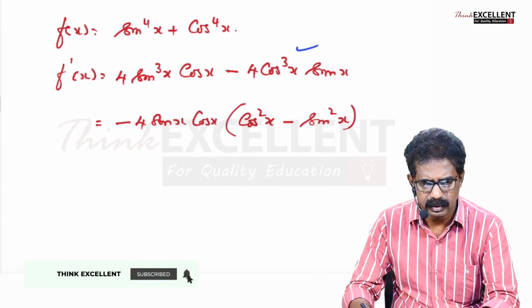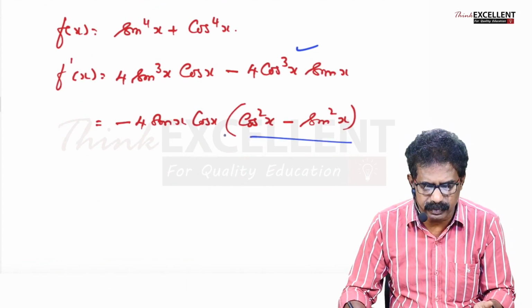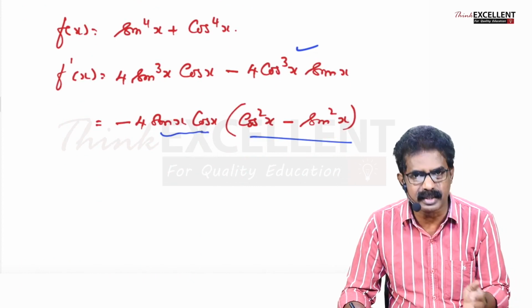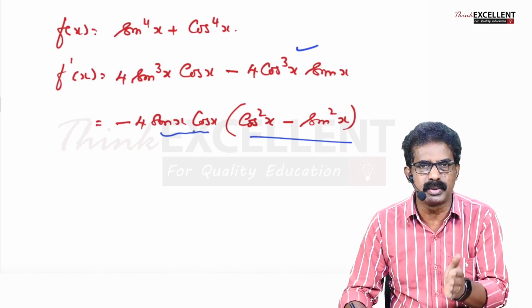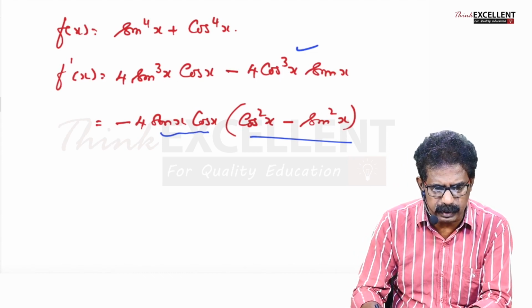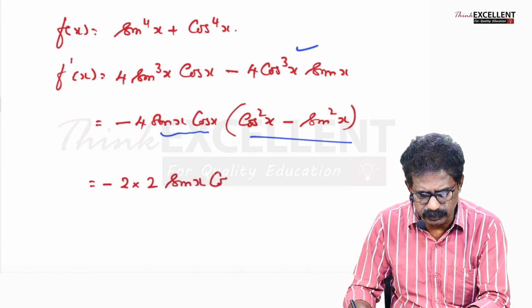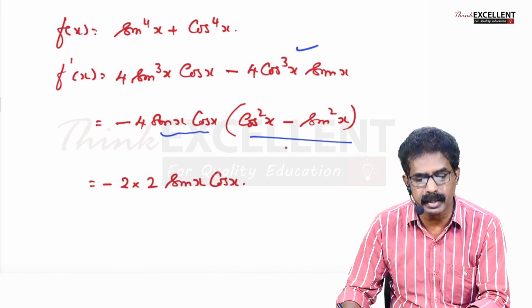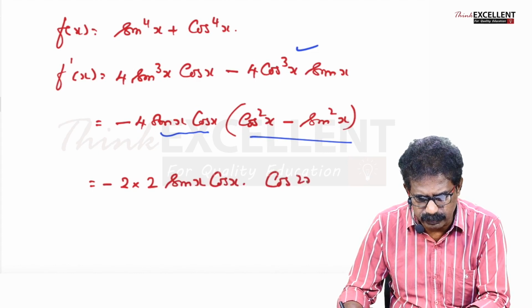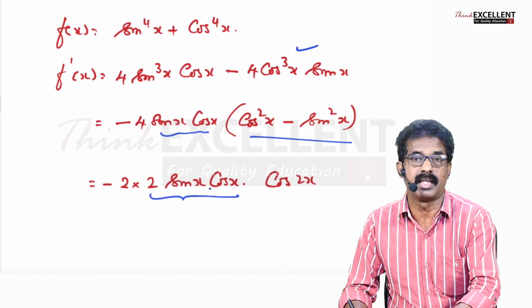Now listen, the second bracket cos square x minus sin square x, that is cos 2x. And here also we have sin x cos x, right? If we have 2 sin a cos a, sin 2a, so this minus 4 we split. Minus 2 into 2 sin x cos x into cos square x minus sin square x is cos 2x. Now here you combine this part, 2 sin x cos x, that is sin 2x, right?